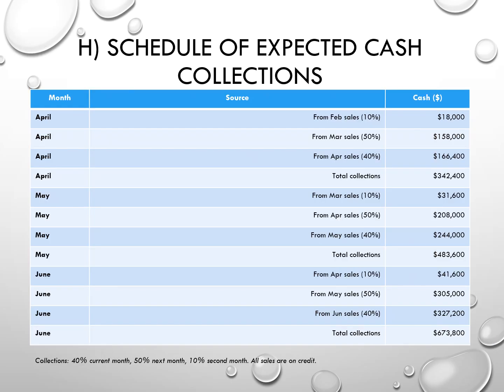Because all sales are on credit, cash receipts lag behind sales. For example, April cash collections come from 10% of February sales, 50% of March sales, and 40% of April sales. Total cash collected during Q2 is $1,499,800.